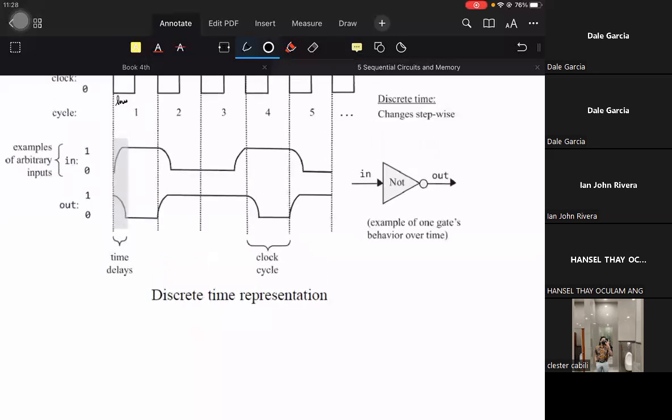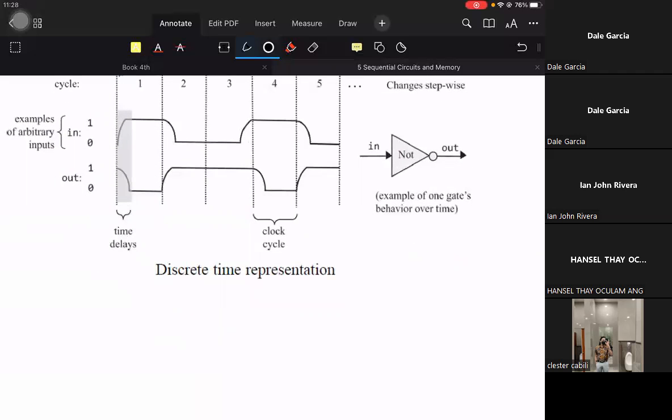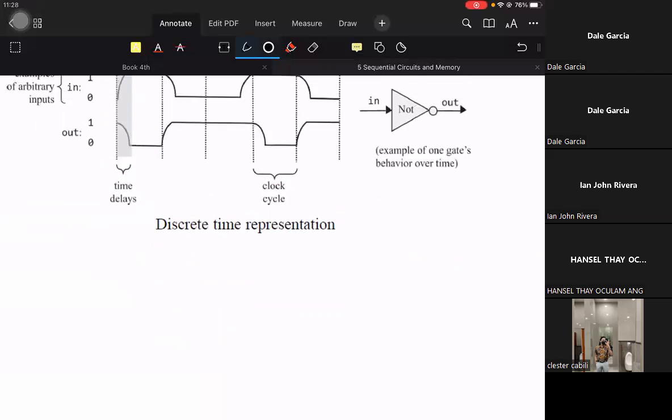So here, before I proceed, consider this very simple circuit: three NOT gates in series.